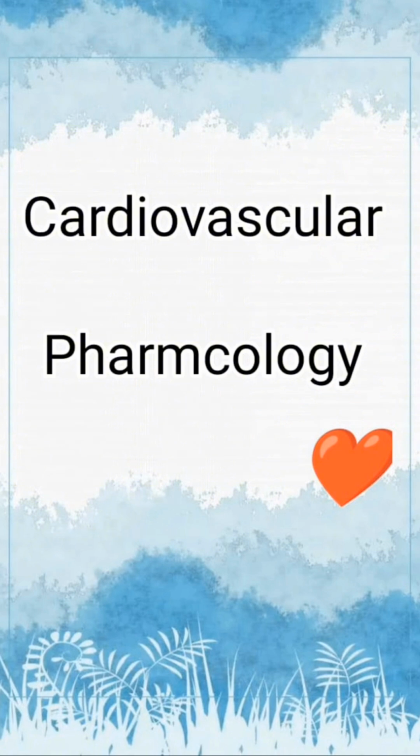Niacin is vitamin B3 that also acts as a lipid lowering agent. Then PCSK9 inhibitors like alirocumab, evolocumab, then fish oil and marine medication, marine diet like omega-3 fatty acids.